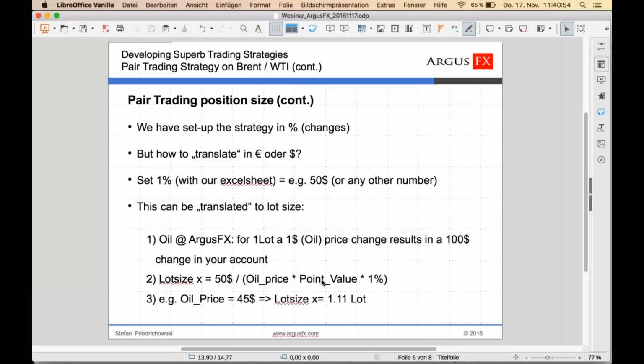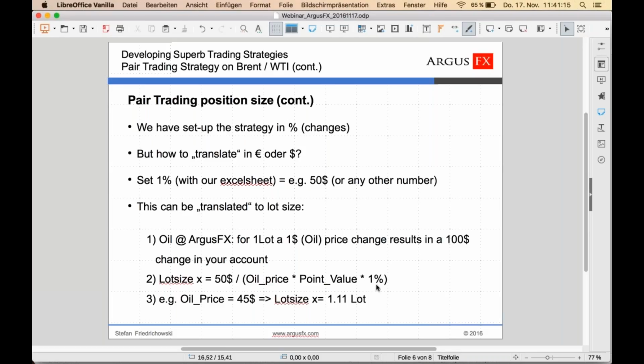Then we divide it by the point value, and the point value in this case is simply $100. I call it point value because for a one lot trade and a $1 change, the result is $100.